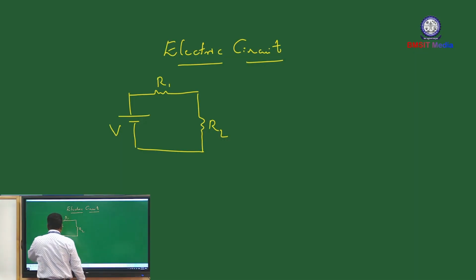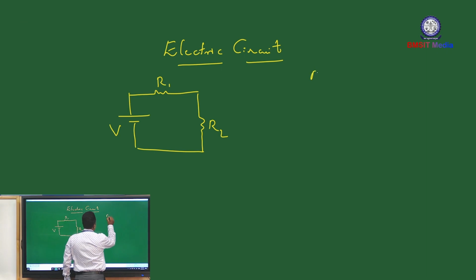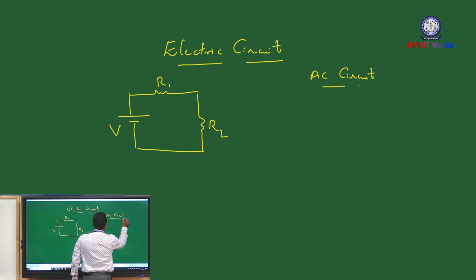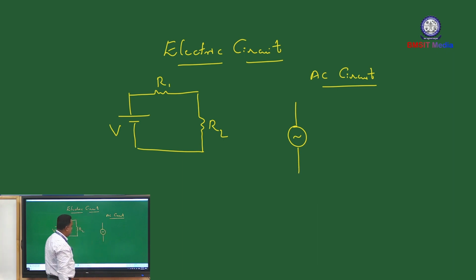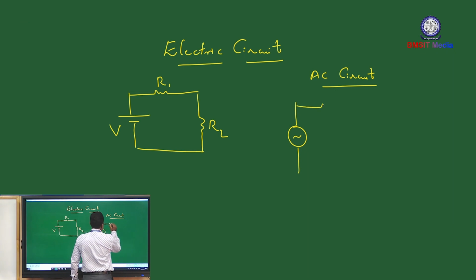So a DC circuit looks like this. Whereas if you go for an AC circuit, this AC circuit consists of an alternating voltage source, which is represented like this. It can have a resistor, it can have an inductor.